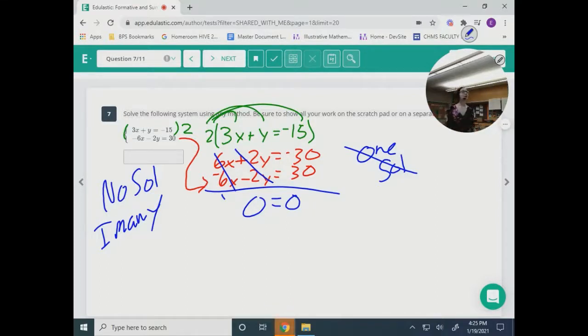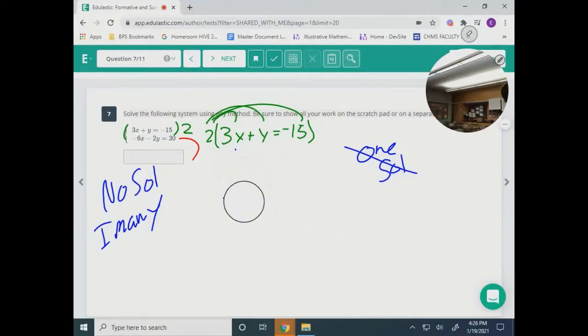So if I look at this one, I have a 6x, and I'm going to distribute a negative 2 here: negative 6x minus 2y is equal to 30.